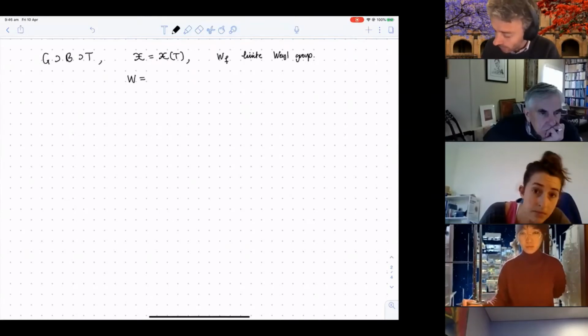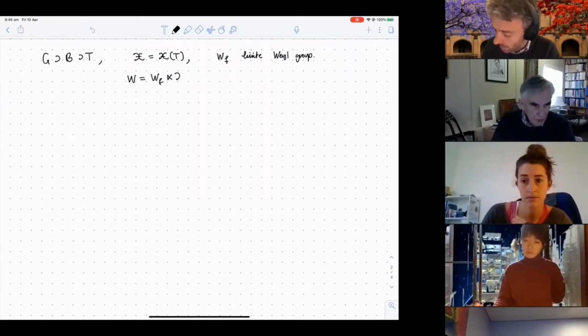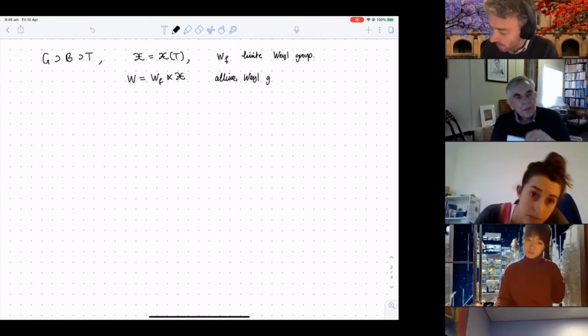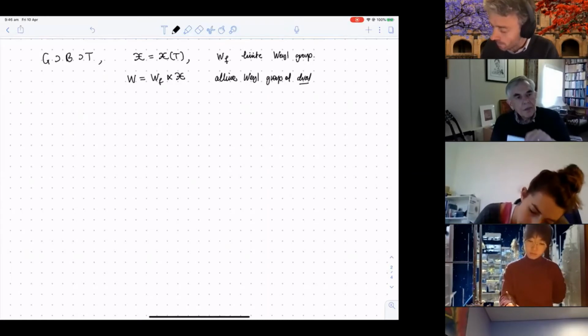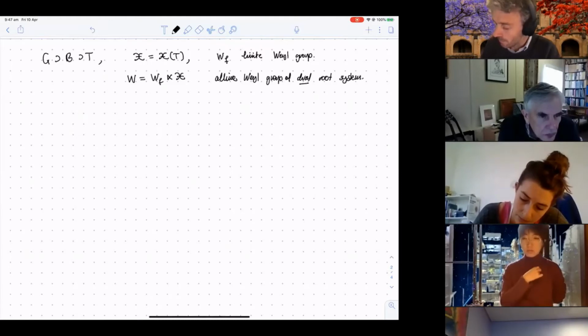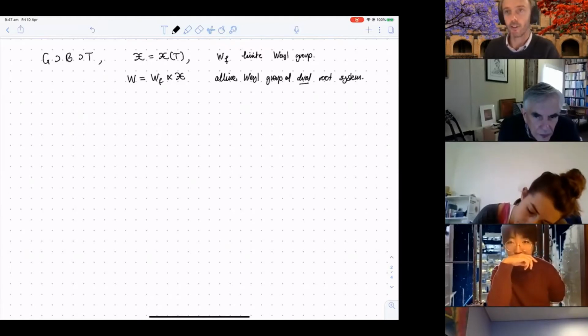Now this is associated to the dual root system. Okay, and this is basically to avoid too many Langlands duals below.